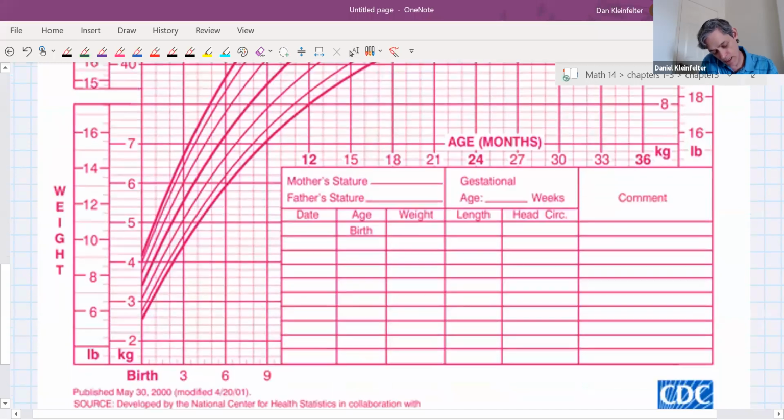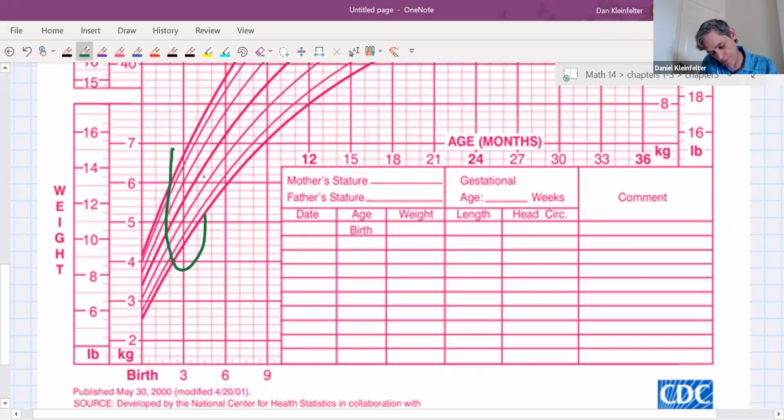Let's go with a 3-month-old instead. For a 3-month-old, in terms of weight, the low end, the 5th percentile, would be around 9 3/4 pounds. The 95th percentile is about 14 1/4 pounds. And the 50th percentile is about 12 pounds, it looks like.